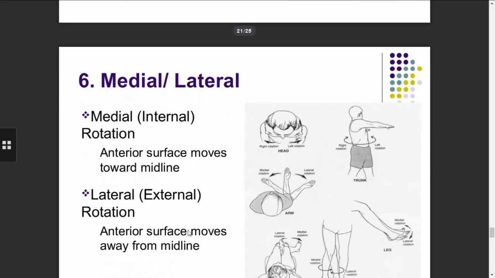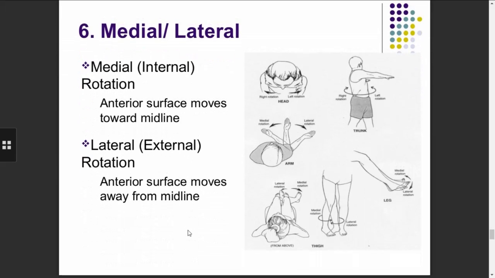Sixth one is medial or lateral, medial internal rotation and lateral external rotation. Medial rotation, the anterior surface moves toward the midline, like this one. This is the medial rotation. This is moving toward the midline structures.